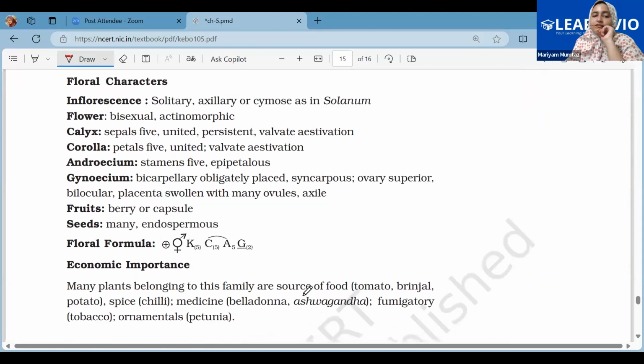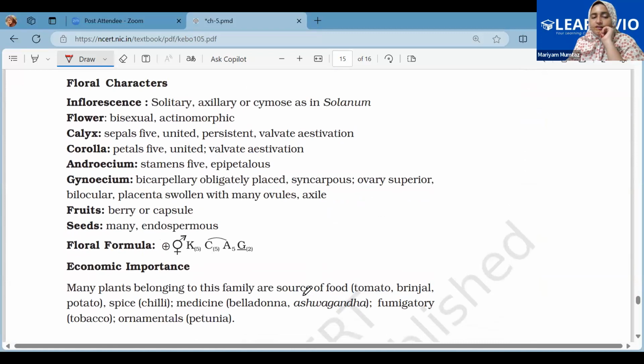Now talking about the floral characteristics of the potato family. We have inflorescence. It is solitary when only the bud terminates into a flower. It can be axillary or cymose as in the case of Solanum. The flower is bisexual and actinomorphic, meaning it has male and female parts in one flower, and it is radially symmetrical. The number of sepals is 5.